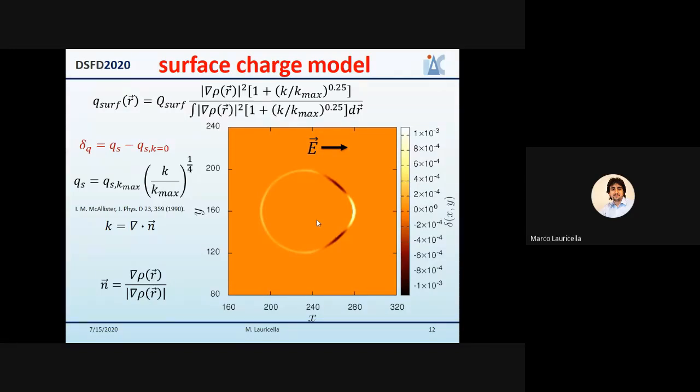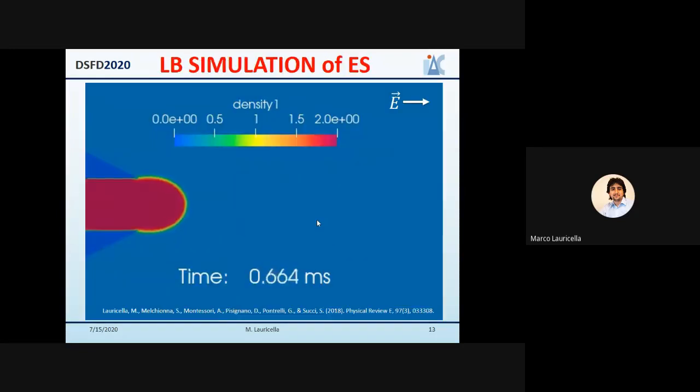And in particular, we note that the charge increases in correspondence of the smaller curvature radius when we compare this density with and without this extra correction. Hence, we are in the condition to proceed with the simulation.